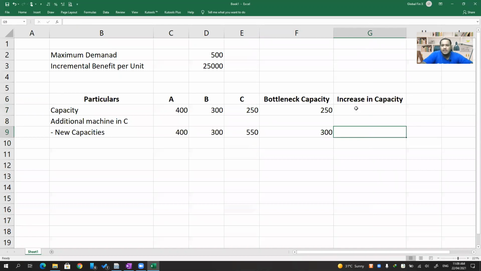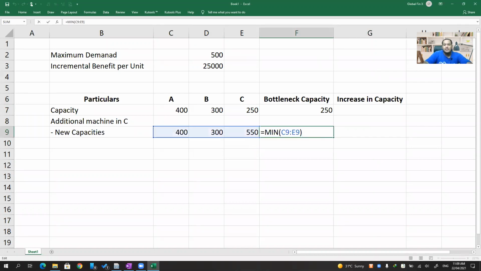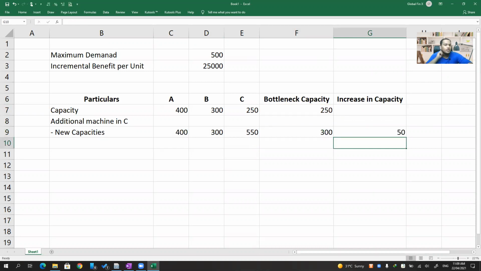Answer faster. What will be my new bottleneck? B will be my new bottleneck. So my new bottleneck capacity will be 300. So how much increase is there in the capacity? From 250 we have increased it to 300. So 50 is the increase in the capacity.